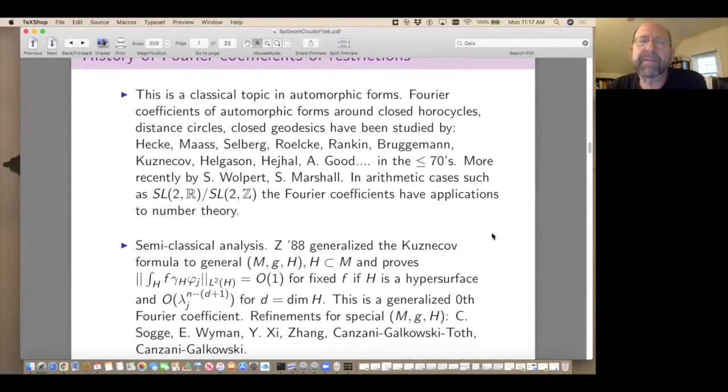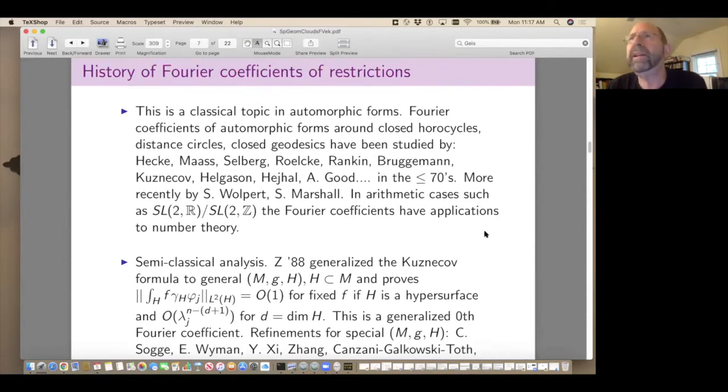So let's review a little bit the history, like why people get interested in this. Fourier coefficients of automorphic forms are a classical topic. Every book or article on automorphic forms will have a section on the Fourier coefficients. By an automorphic form, I just mean an eigenfunction on a compact hyperbolic surface or any hyperbolic surface.